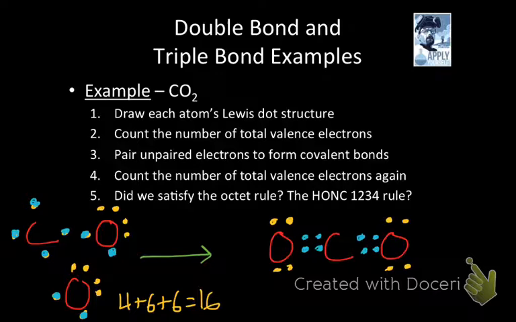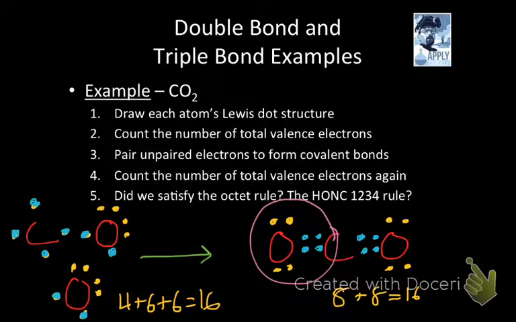So again, count the number of total valence electrons. Did we satisfy the octet rule? What about the HONC 1, 2, 3, 4 rule? Well, our total number of valence electrons is still 16 because we have 8 on the left side of the carbon and 8 on the right side of the carbon. That makes it easy to see we're satisfying the octet rule because the oxygen over there has 8 total valence electrons.